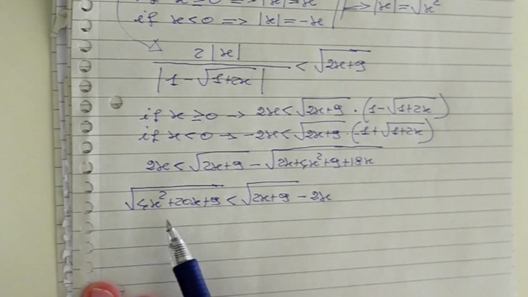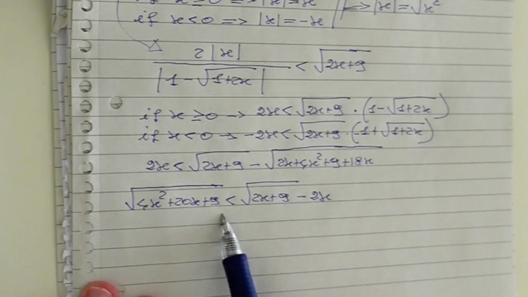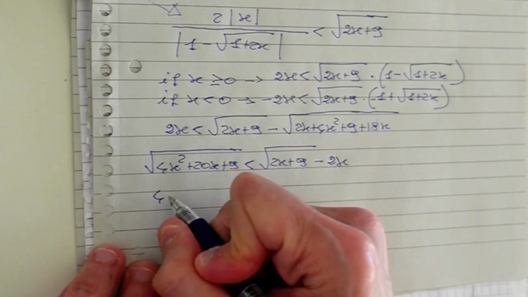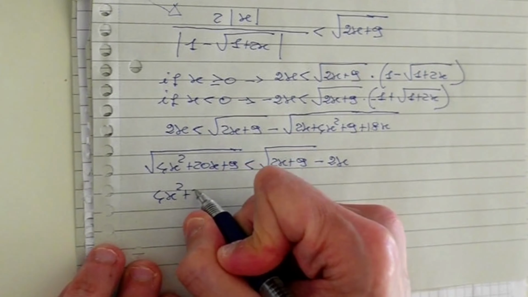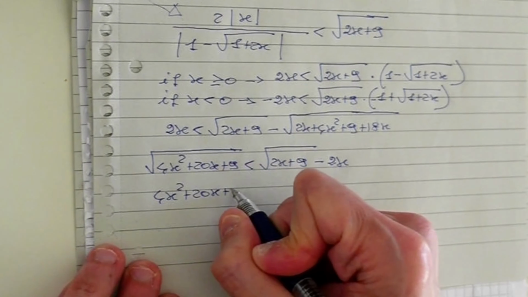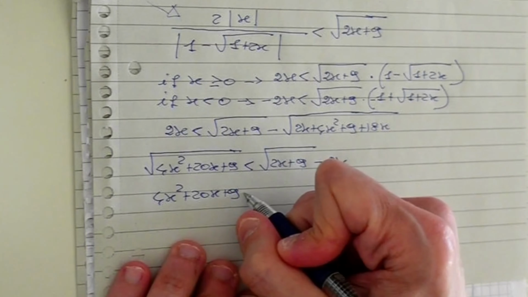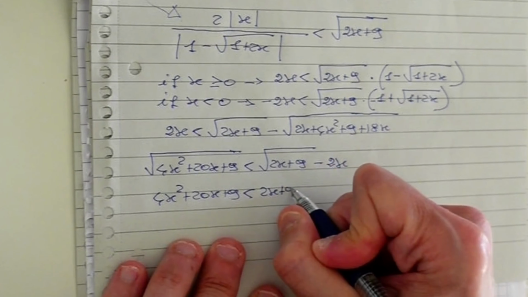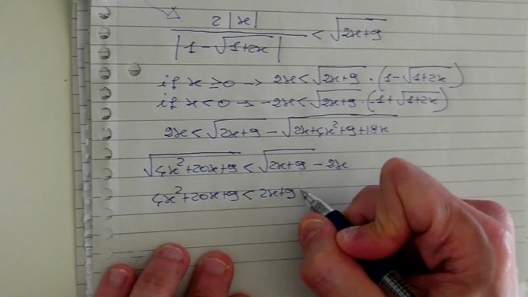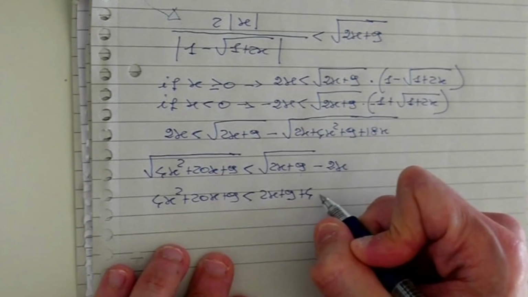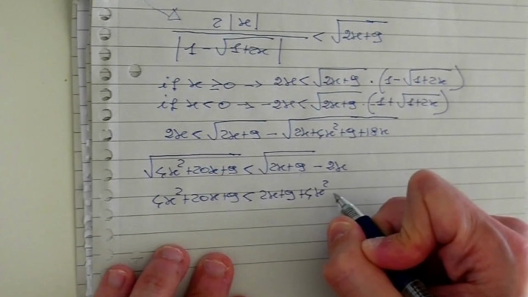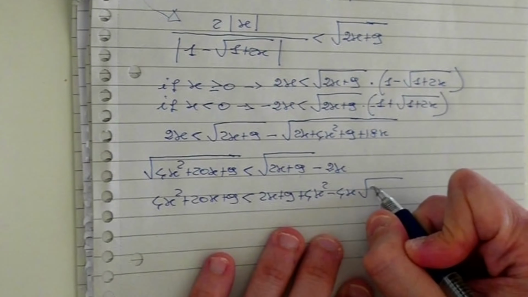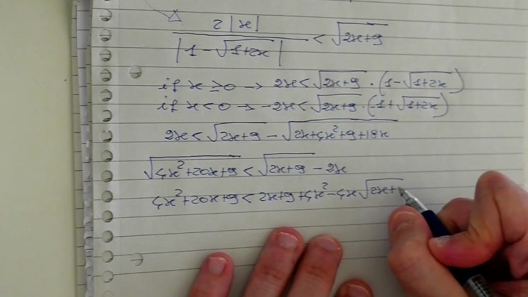Now, if we square both sides, what do we obtain? Well, it's easy. It's 4x squared plus 20x plus 9 less than 2x plus 9 plus 4x squared minus 4x square root of 2x plus 9.